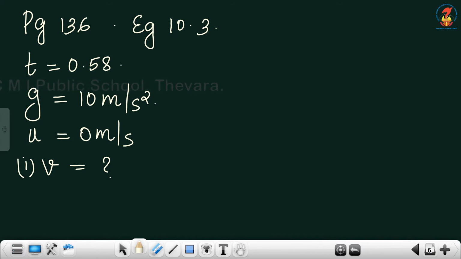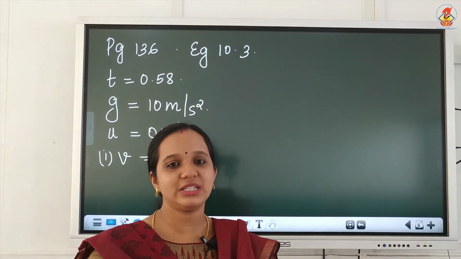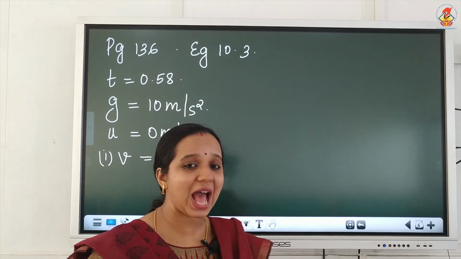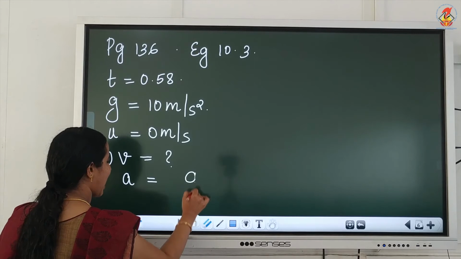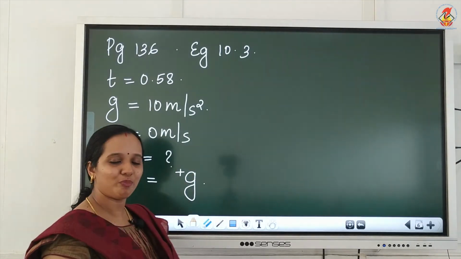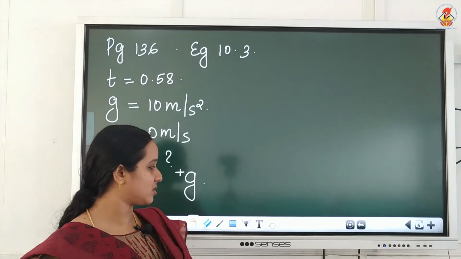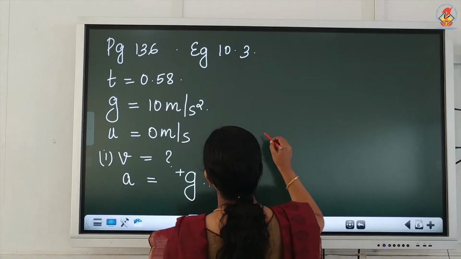Since the object is falling down, its velocity will increase as it descends, and the acceleration of the body will be equal to acceleration due to gravity, and it will have a positive sign since the body is moving down.